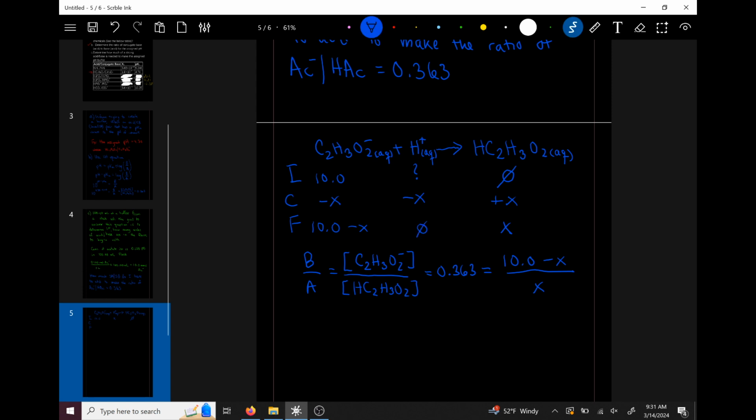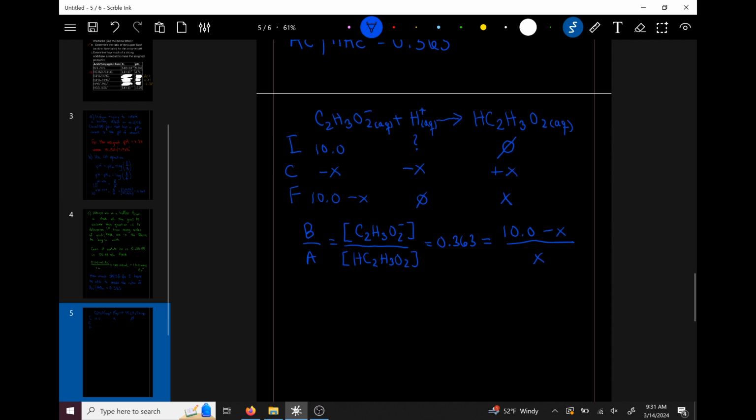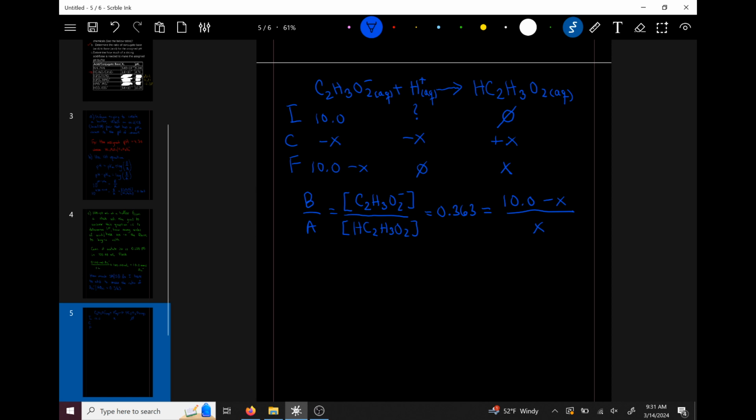All right. So let us solve for the expression of 0.363 is equal to 10.0 minus x over x.